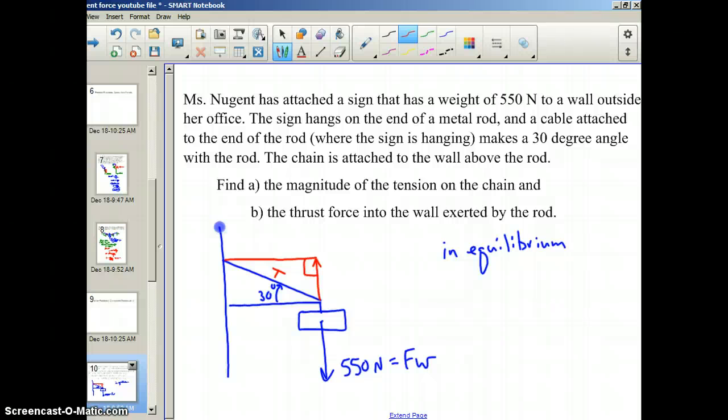If there's a down force of 550 newtons, then the vertical component here must also equal 550 newtons in the upward direction. We know that due to geometry, alternate interior angles are equal. So I can use trigonometry in order to find the hypotenuse of my right triangle here.